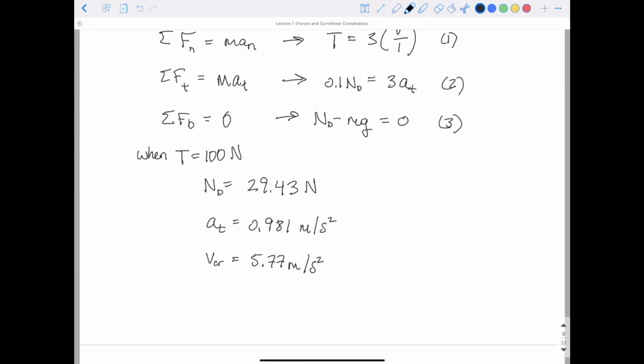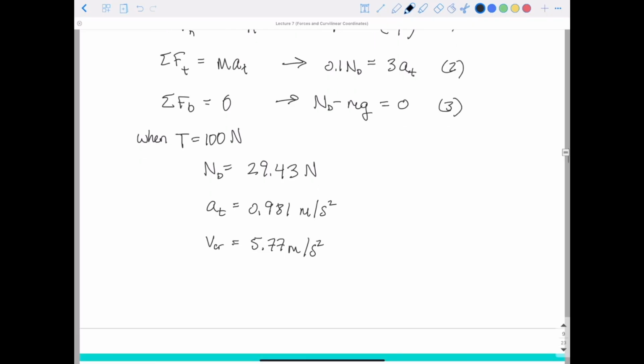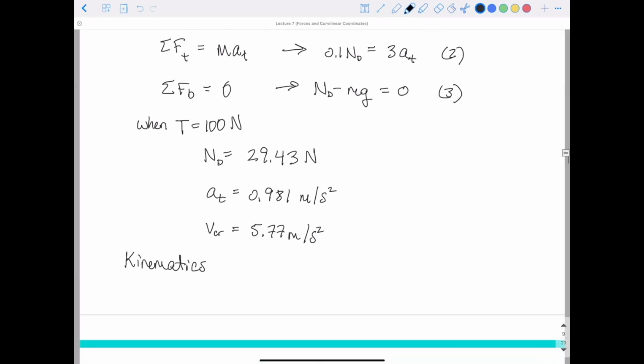What equation of motion, or what kinematic equation, can we use to solve this? V equals V naught plus a t.